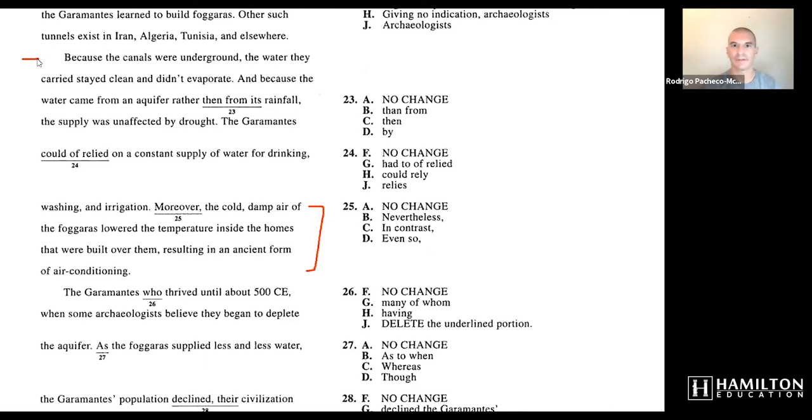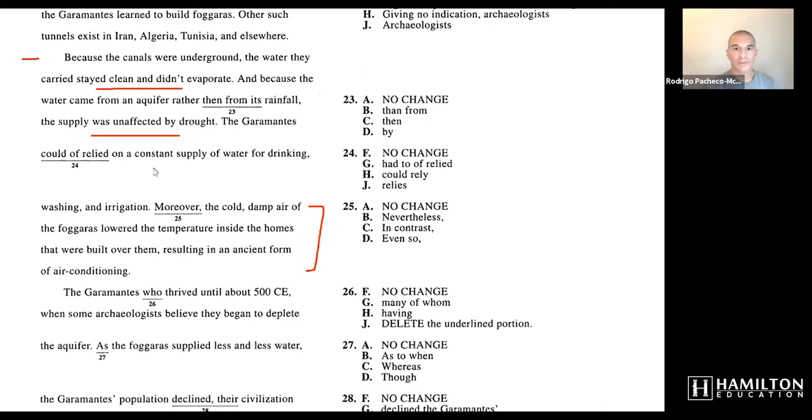But this paragraph is about the benefits, the good things that came out of these canals. So as we see here with this first sentence, because the canals were underground, the water they carried stayed clean and didn't evaporate. Because the water came from an aquifer rather than from rainfall, the supply was unaffected by drought.